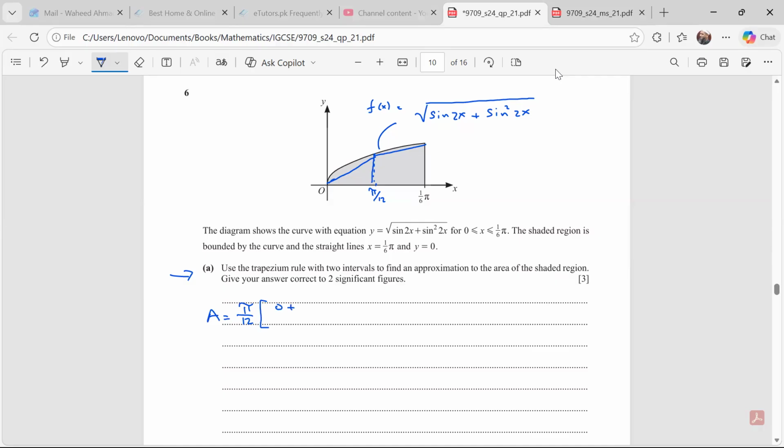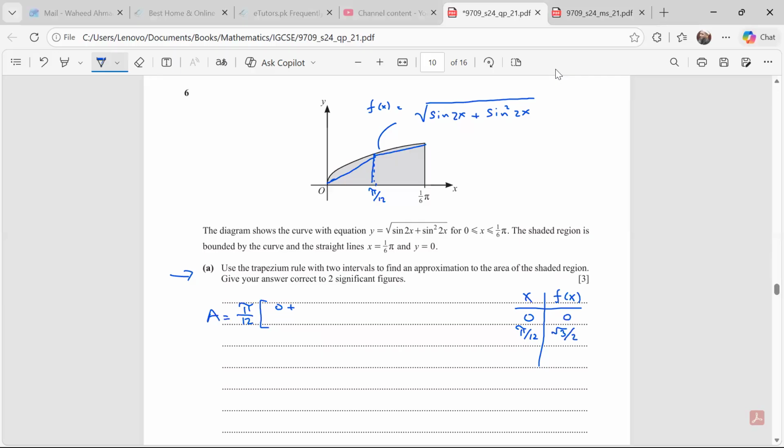Before I do this, I forgot something. If I have x and f of x, if x is 0, the f of x would be 0 as well, because sine of 0 is 0. If x is pi by 12, which means 15 degrees, then the value of the function is root 3 by 2.